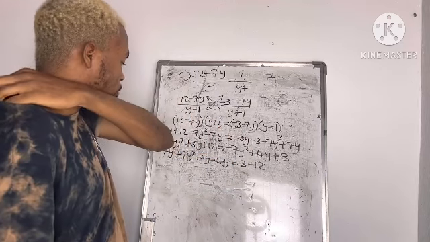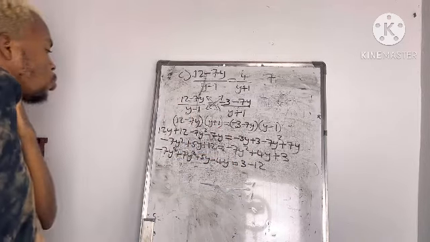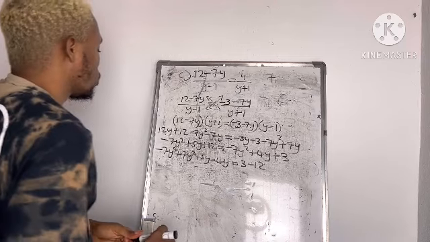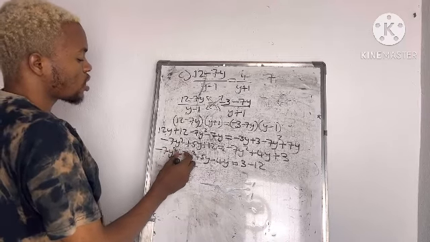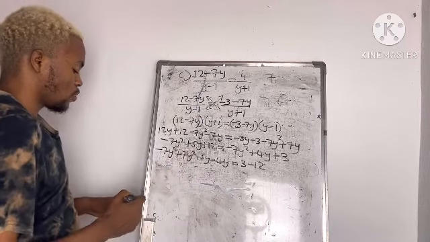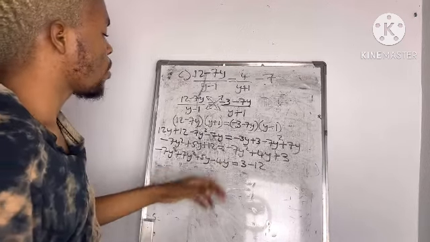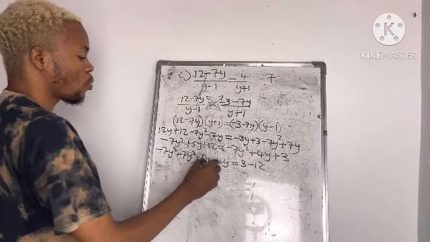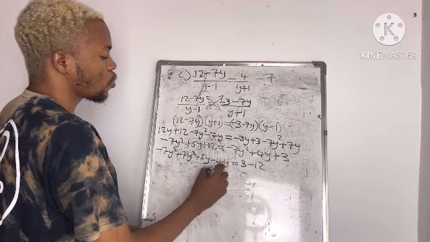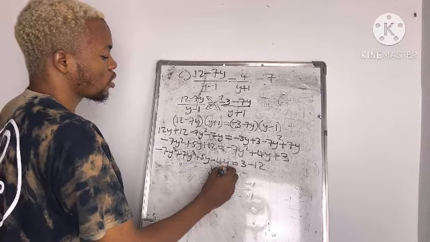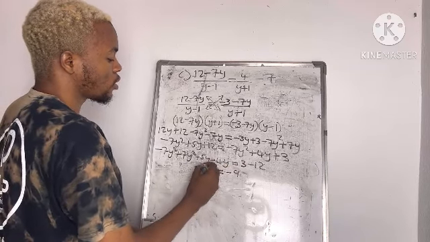Okay, so having that into consideration, minus 7y squared plus 7y squared is going to cancel out to give you 0. 5y minus 4y, you end up with y, which is equal to 3 minus 12 gives you minus 9.